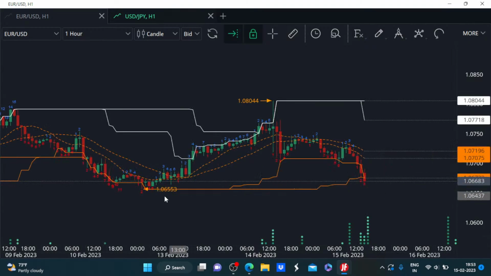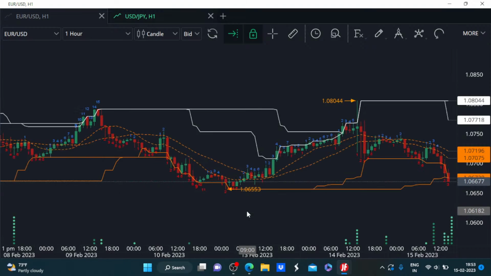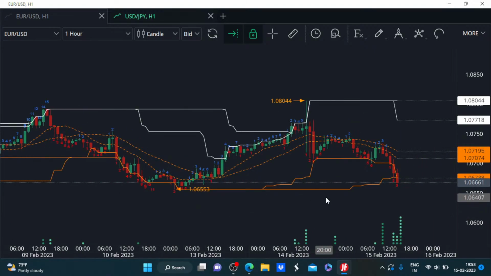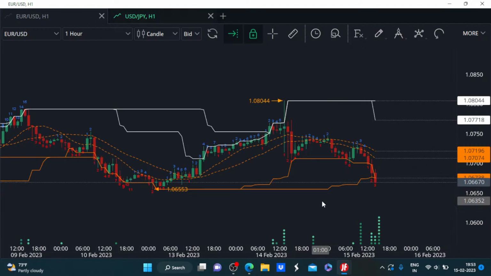Now it is inching towards the immediate swing low of 1.065, and I think it is likely to be breached on the lower side as there is strong momentum in favor of the US dollar, and we also saw the economic data consolidating the dollar strength.